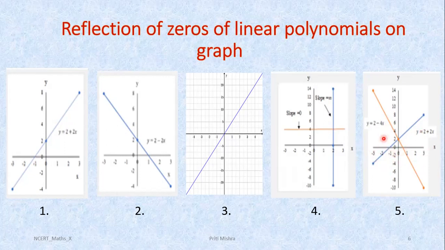So these 2 lines have different zeros where they are intersecting the x-axis. So what you got here is that each and every type of graphical representation has exactly one point where it contains its zero. Clear? So that was about the linear polynomials.